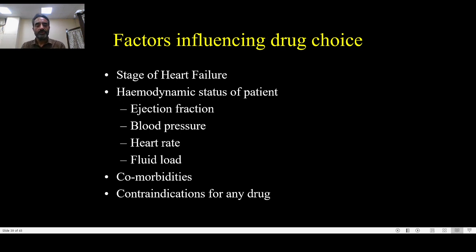Ejection fraction is reduced in heart failure, and its status is one factor that decides the drug use. Then blood pressure, heart rate and fluid load also decide what kind of drug you are going to use. Then any comorbidities and any contraindications for a particular patient for a particular drug.